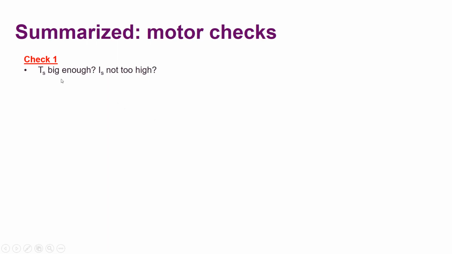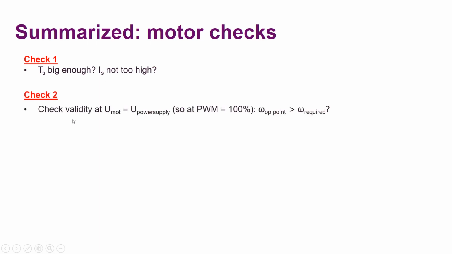So let me summarize the motor checks all together. Check number 1, check whether your stall torque is big enough, and check whether your stall current isn't too high. Check number 2, you have to check whether in the operating point your speed is at least the speed you require from your motor.